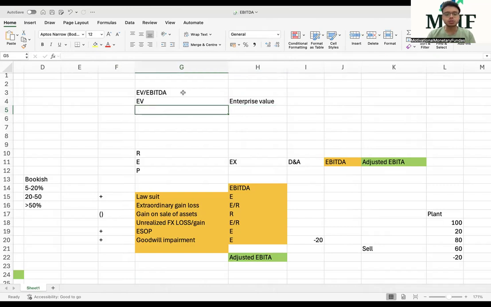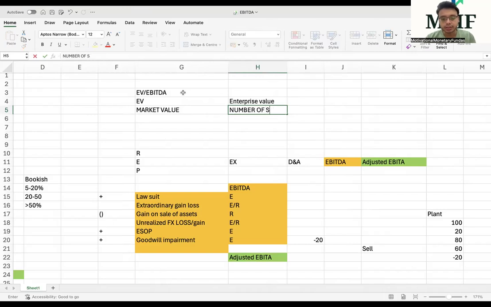For example, if I talk about the market value, the market value is simply your equity value. And how is the market value calculated? The market value is simply calculated as the number of shares into price.